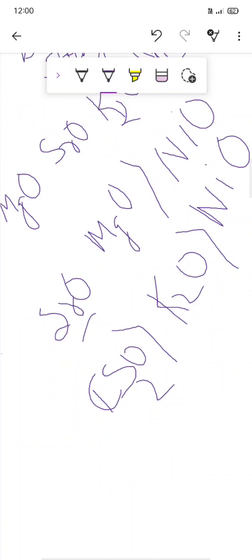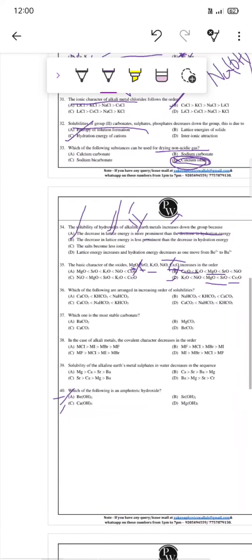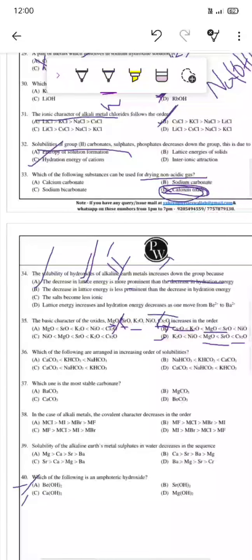I am making a mistake, this one. So finally the answer is C.